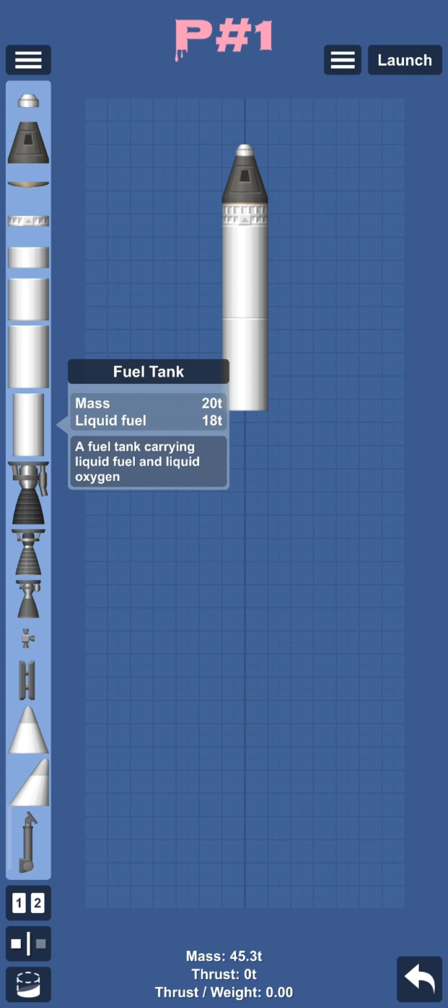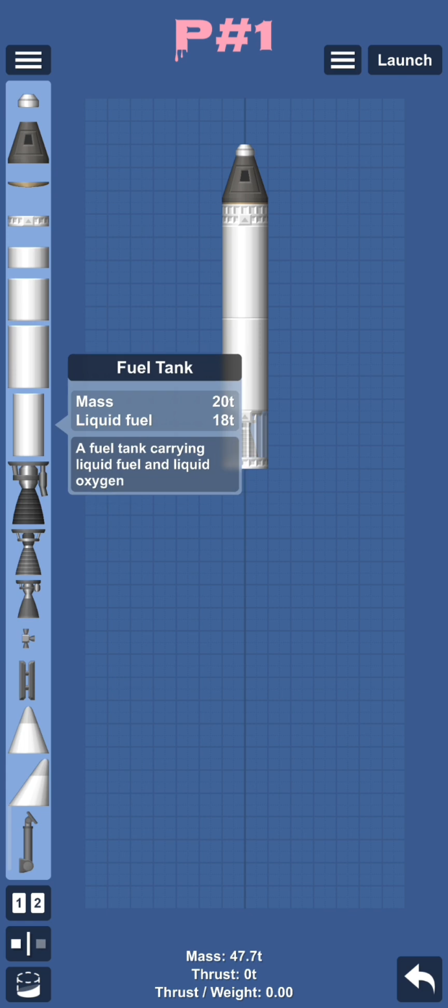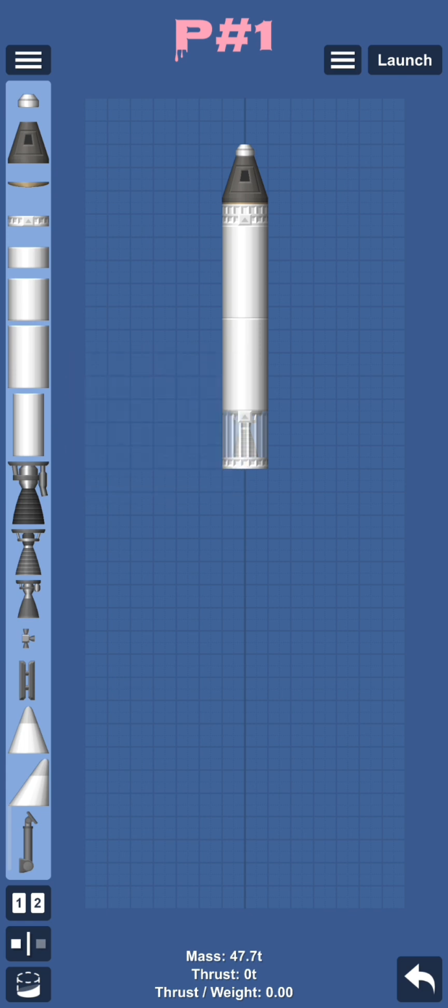Now fix the Valiant engine, and then to separate the both parts of the rocket, we have fixed a separator here. And to land on the moon, the landing legs are very important, so we will fix the landing legs.